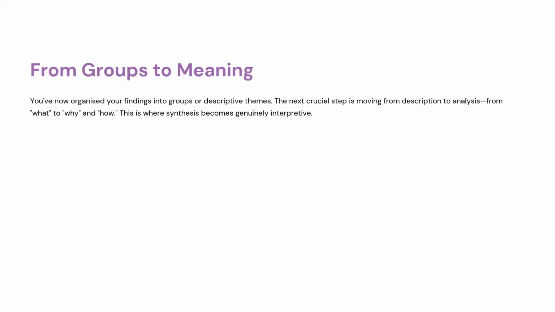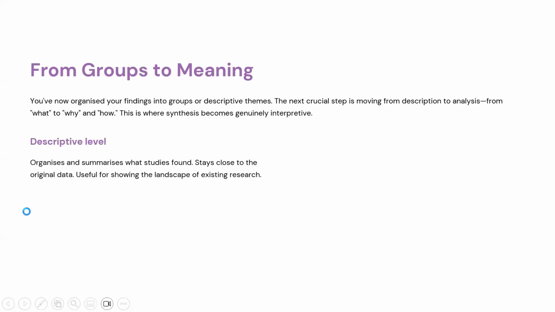This is really where synthesis becomes interpretive, because we're moving away from just being stenographers, just grouping data for the sake of grouping it, or identifying what the themes are, which is important. But now we are moving into asking why it matters that we choose to group our data a particular way.